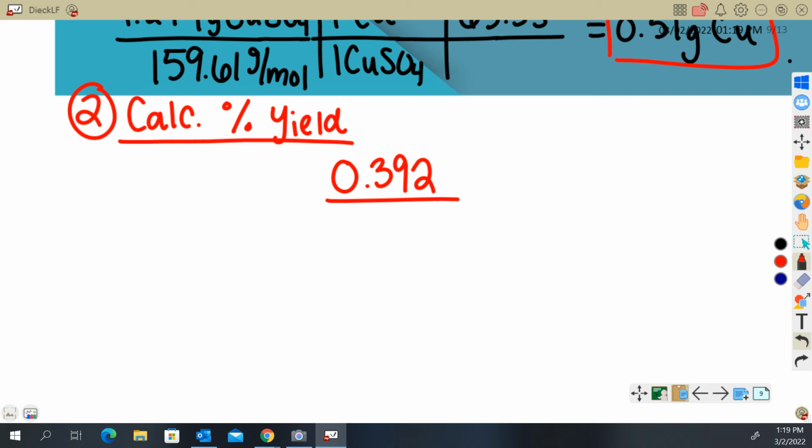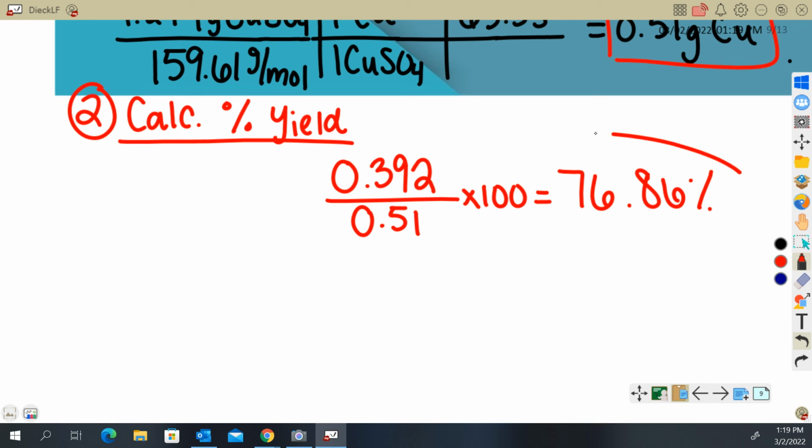My theoretical yield is 0.51. We multiply this times 100, and we get 76.86%. Is it terrible? No. Is it good? Also not so much. But there's your percent yield.